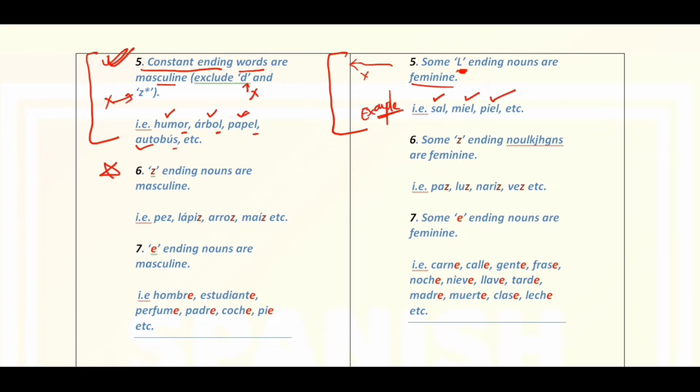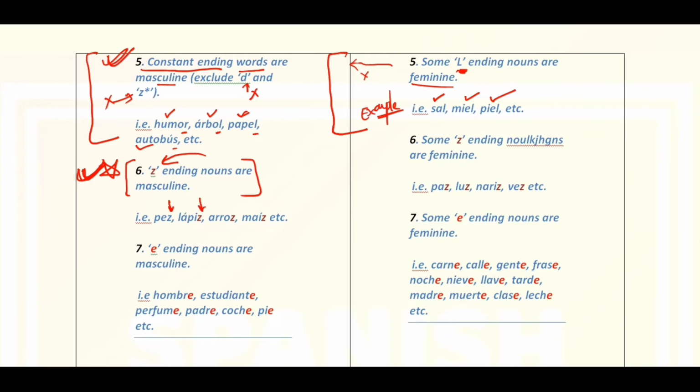Next. Point number 6, masculine side. Z-ending nouns are masculine. Yes, Z-ending nouns are masculine. There are some examples down. You can see. These are important examples.